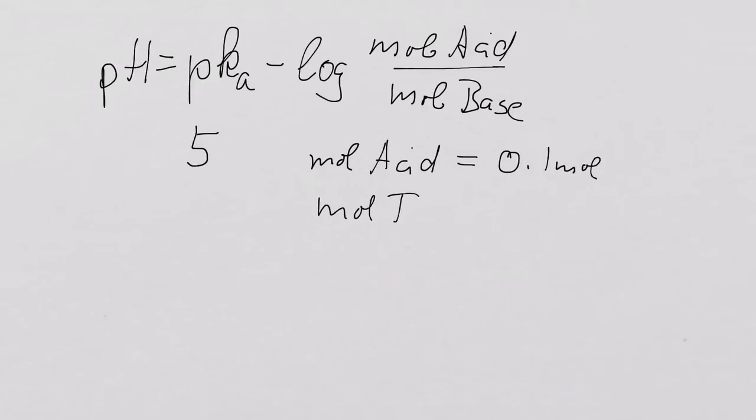Mole base equals 0.1 mole. What's the pH? 5, exactly, because it's the same. Acid and base is the same. Log the same, log 1 equals 0. We just discussed that. Okay.